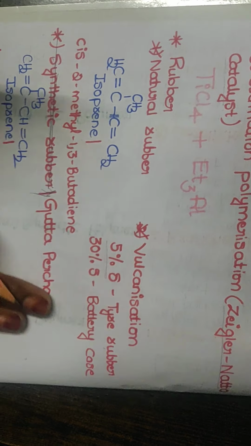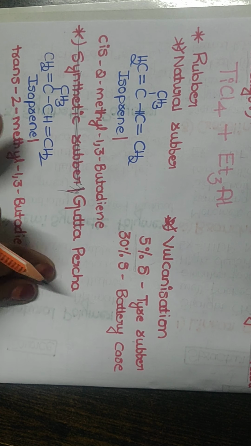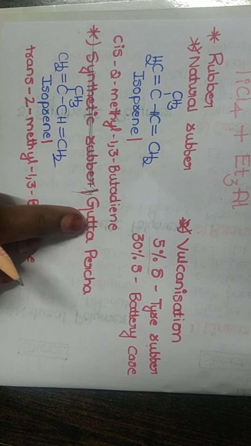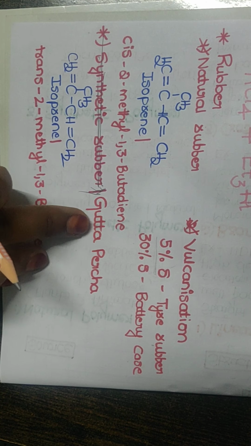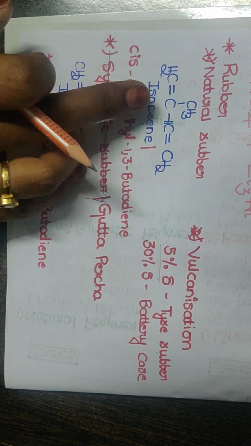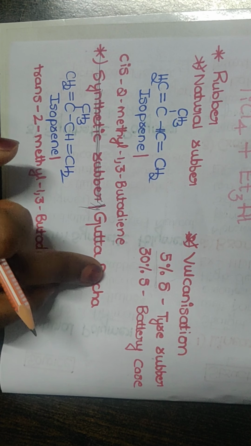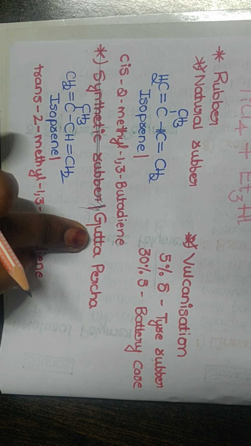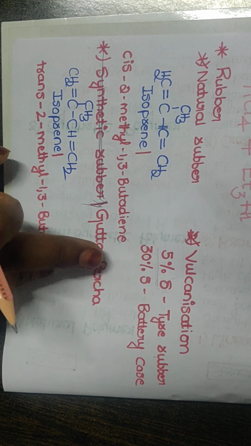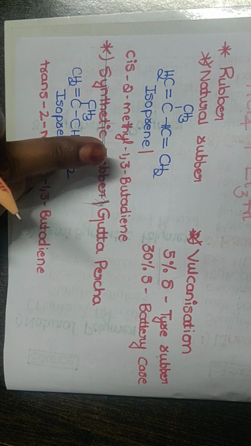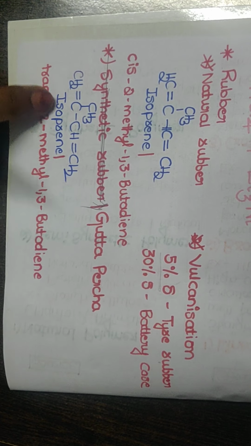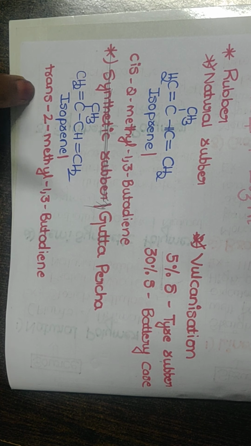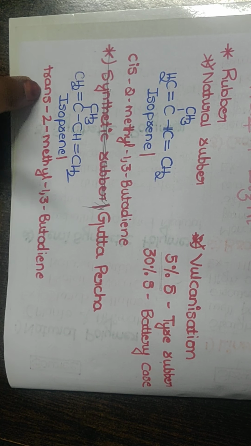So the next is, for your NEET and competitive exams, you should know about Gutta-percha. This is a very important question: the difference between natural rubber and Gutta-percha. So listen carefully. Gutta-percha is also a natural rubber itself, but here it has an isoprene unit in trans form.